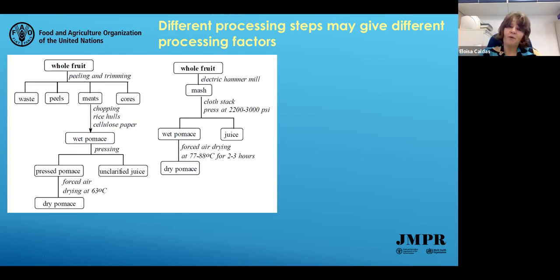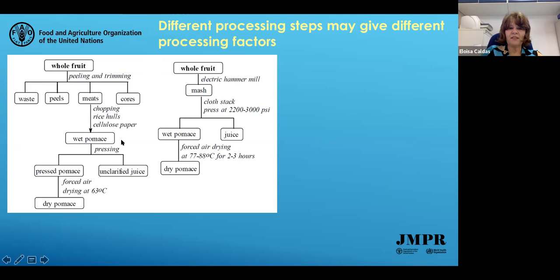You treat the sample in the field, and then you collect the sample and you process it. And in the field, as we saw, you have samples treated and having different levels of the pesticide. So you can have different processing factors for each commodity here.